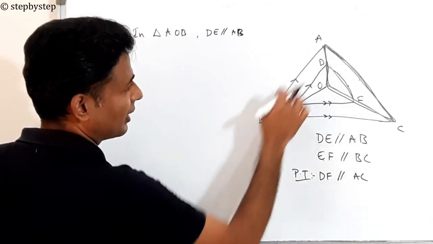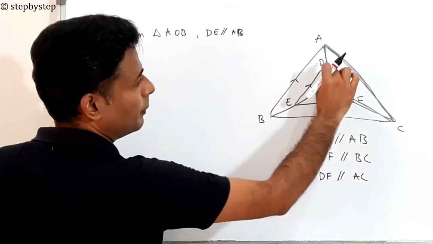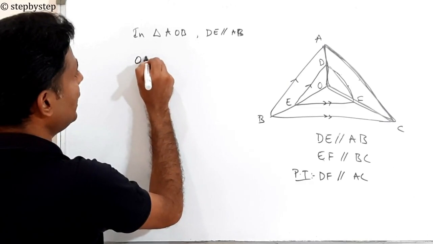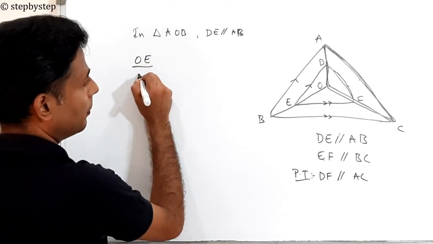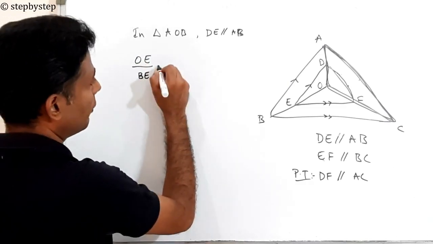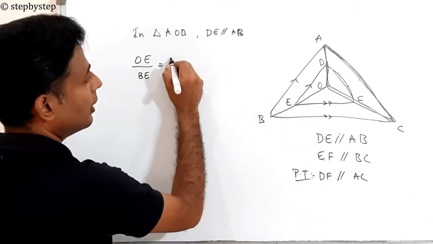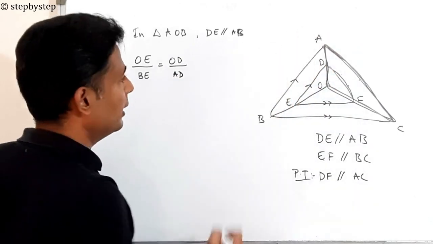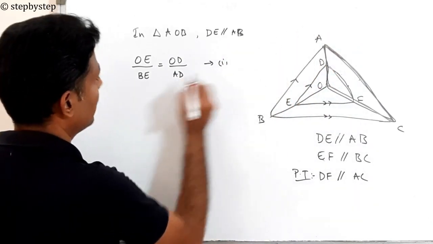If this line is parallel to this line, this by this will be equal to this by this. So what do we get? OE by BE, or EB, whatever, you can write it as EB or BE, equal to OD by AD or OD by DA. This is the first thing we got.